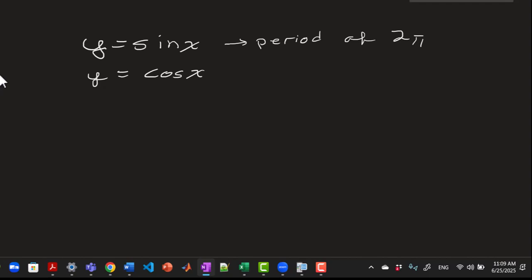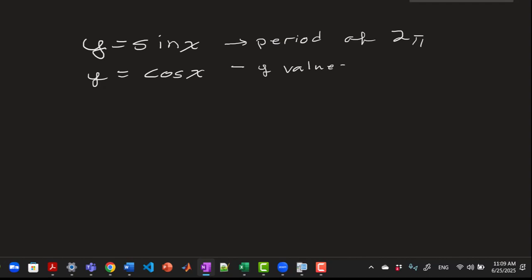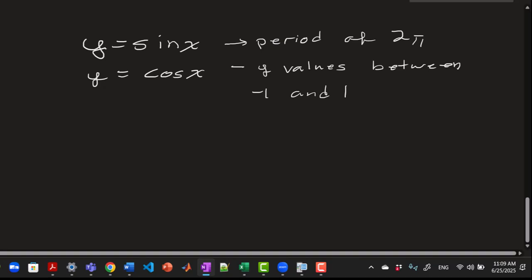But just think of it as the x-axis right now, and every 2 pi it completely repeats itself. And sine x also has y values between -1 and 1. It's always between -1 and 1 if you have y equals sine x. And then here's how it looks.